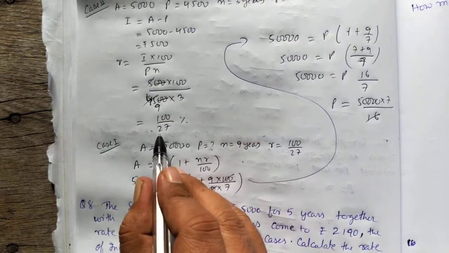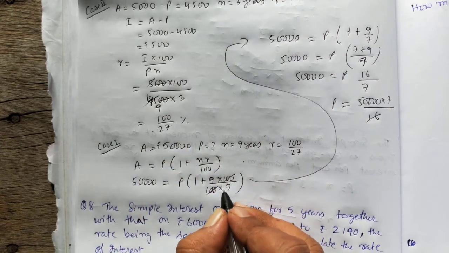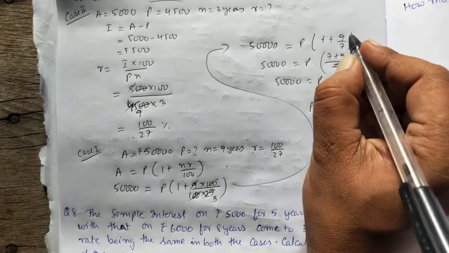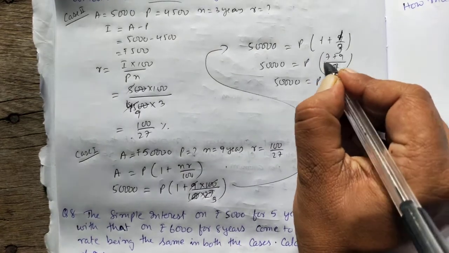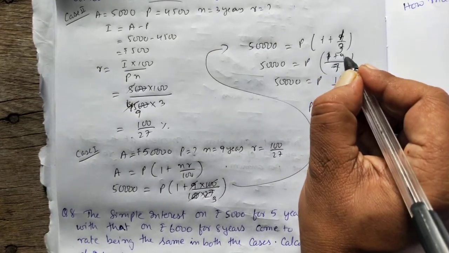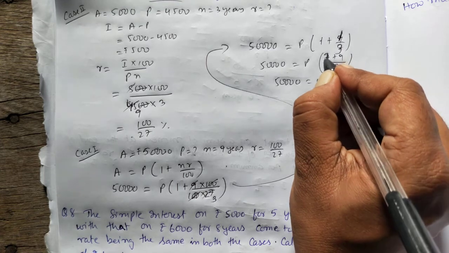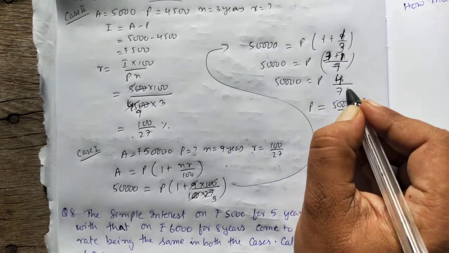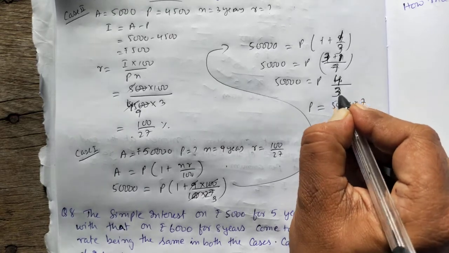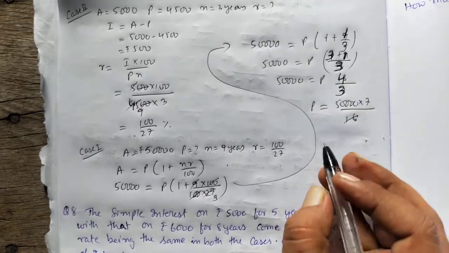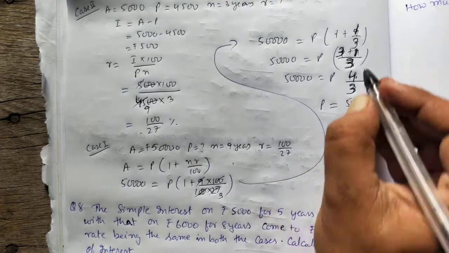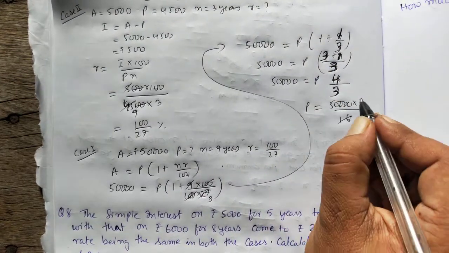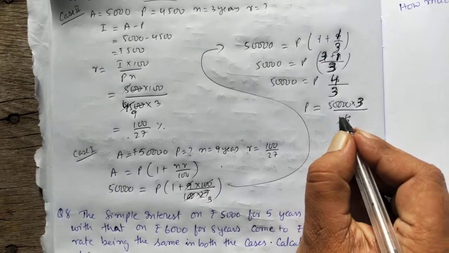Wait, this is 27. I made a mistake. This is not 27. We can cancel 3 times. This is 1 by 3. Okay, 1 by 3. 3 plus 1. This is 4 by 3. LCM is 3. This is 1 by 3. Okay, so if you cross multiply, 3 goes up and 4 will come down.